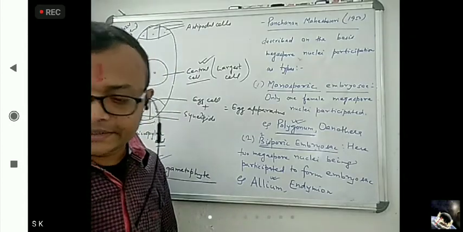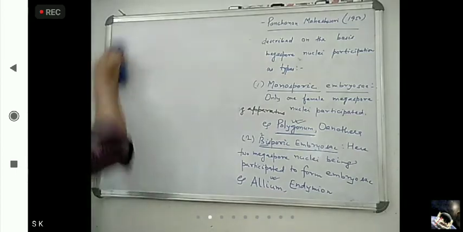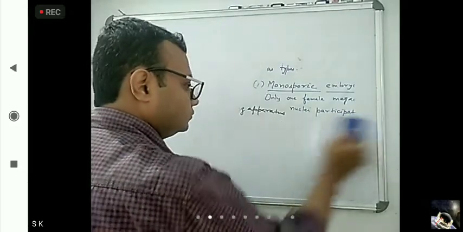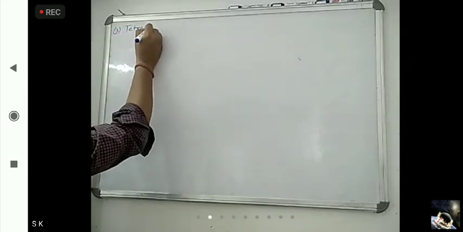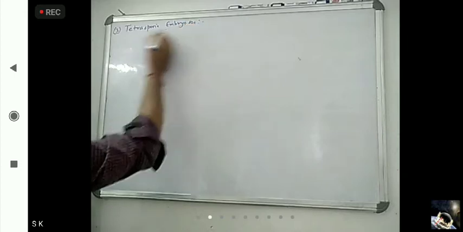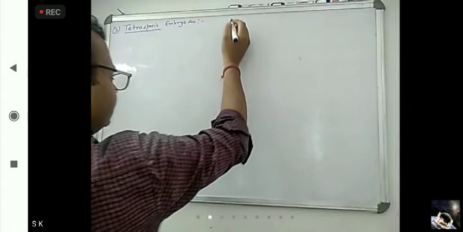The last one is the tetrasporic embryo sac. As the name suggests, tetrasporic means all four megaspore nuclei participate in the formation of the embryo sac or female gametophyte.